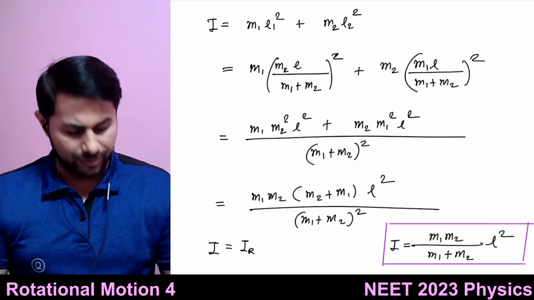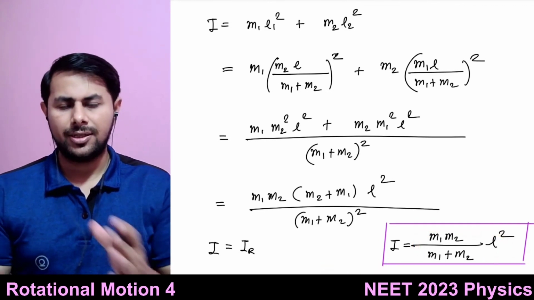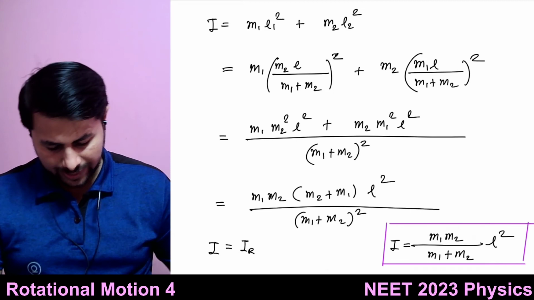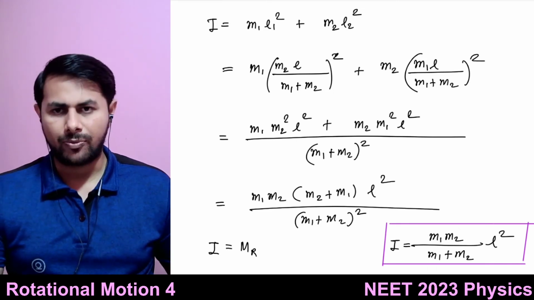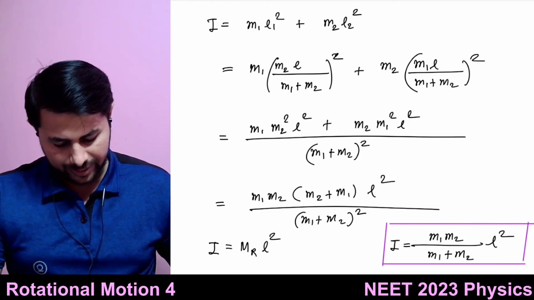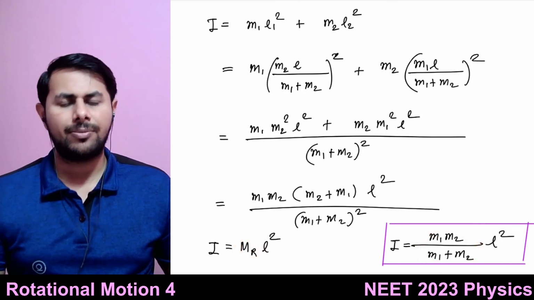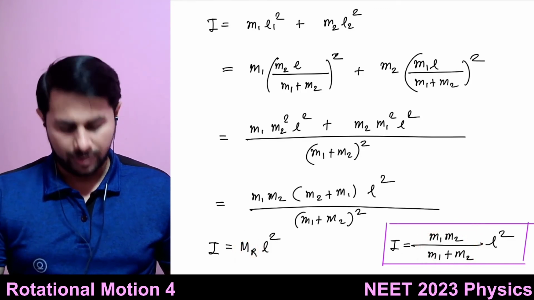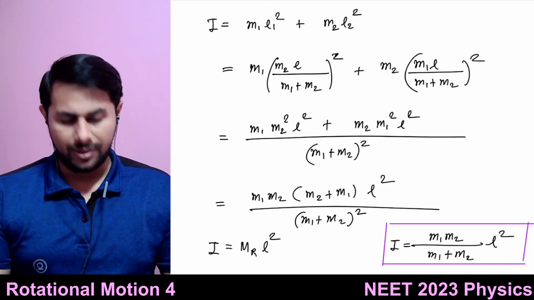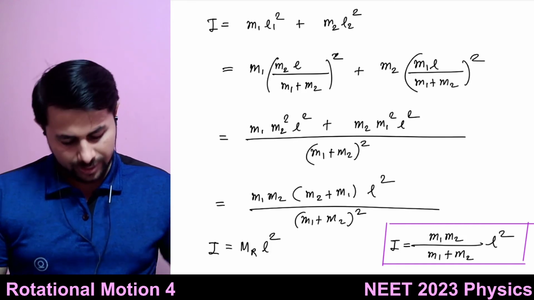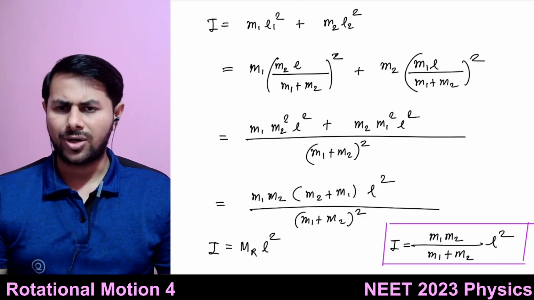Kinetic energy will be half of I into omega square, where I is the reduced mass, mr, r for reduced, multiplied by L square. And how much is the reduced mass? Reduced mass is m1 m2 divided by m1 plus m2. So got this? Yes, no?